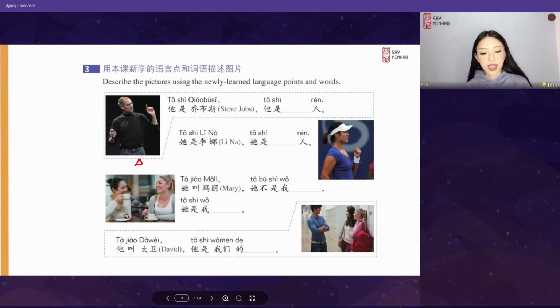First one, 他是乔布斯。乔布斯 is the translation of Jobs in Chinese, okay? Read after me. 他是乔布斯 means he is Steve Jobs.